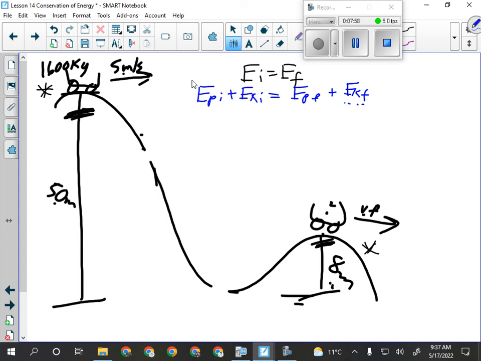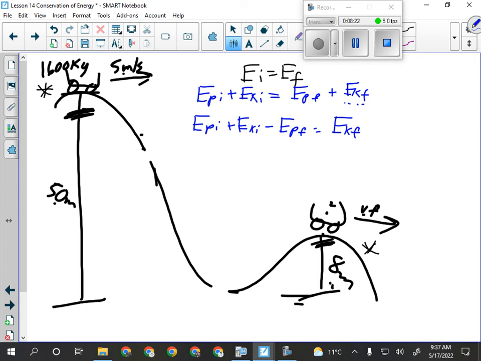Subtract it over to the other side. So that's going to give me initial potential plus initial kinetic minus final potential equals final kinetic energy. Everybody okay with what I have written there? Essentially what I'm saying is mechanical minus potential equals kinetic.